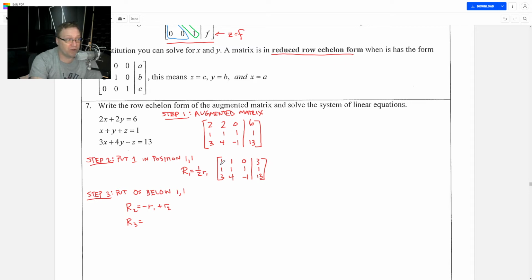If I multiply this by -3, we get -3, and then we can add it to old row 3, which is 3. -3 plus 3 will make a 0 there, and that's what we want. All right, so how do we write that? We're going to write -3 times old row 1 plus old row 3.